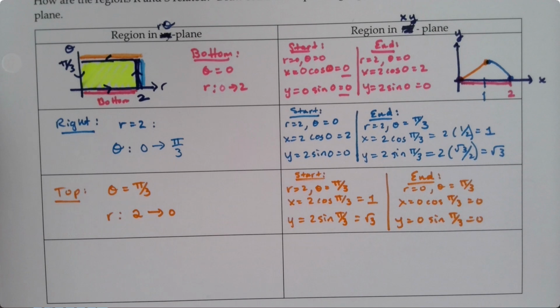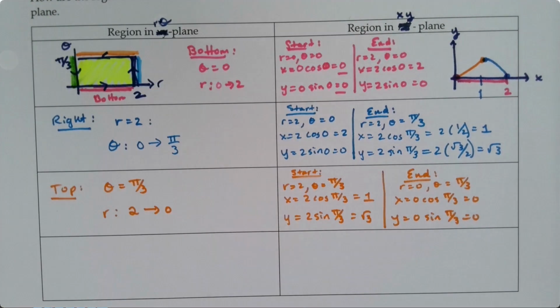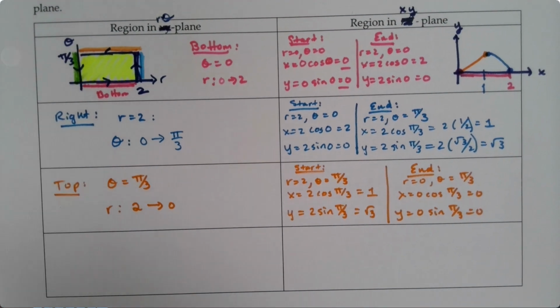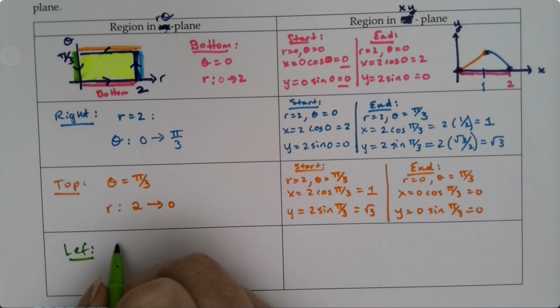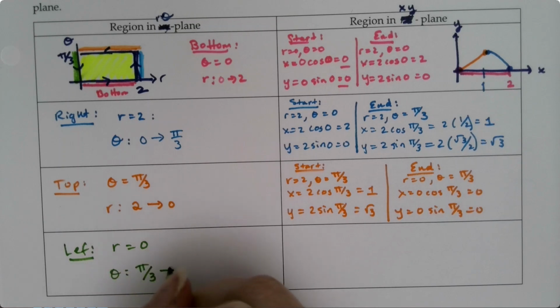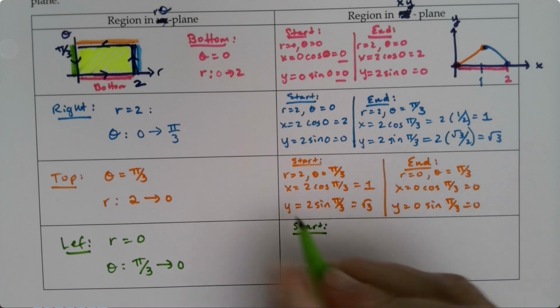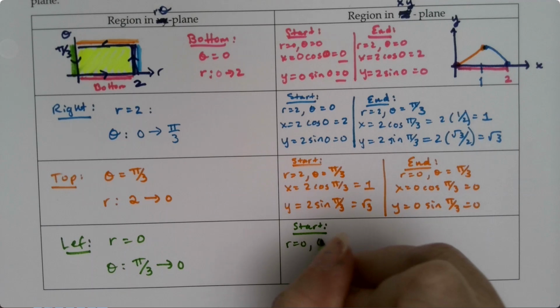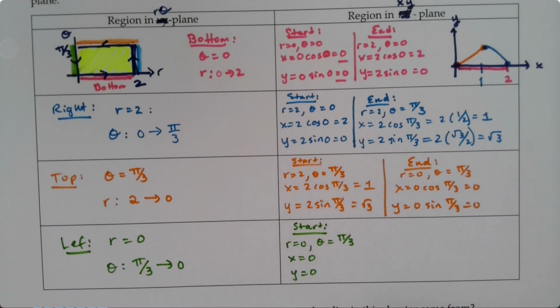Well, what about that left-hand side? Where did that go? Over here, we had a left-hand side. The left-hand side was r equals 0 the whole time, and theta goes from pi over 3 back to 0. So at the start, r equals 0, theta equals pi over 3, and once r equals 0, we know x is 0 and y is 0. 0 times anything is 0.